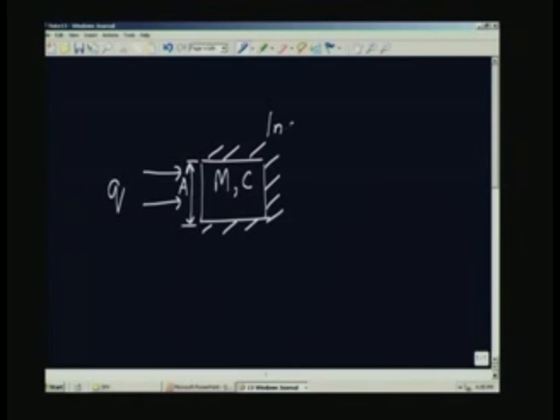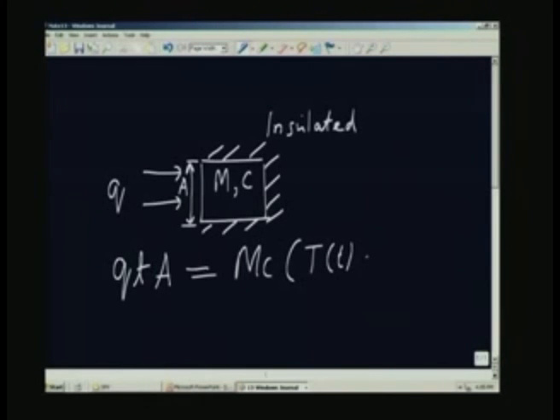This is insulated on all the sides. That means, if I expose it for a certain amount of time t, you see that q into t into A must be equal to m into c into T at time t minus T at 0.